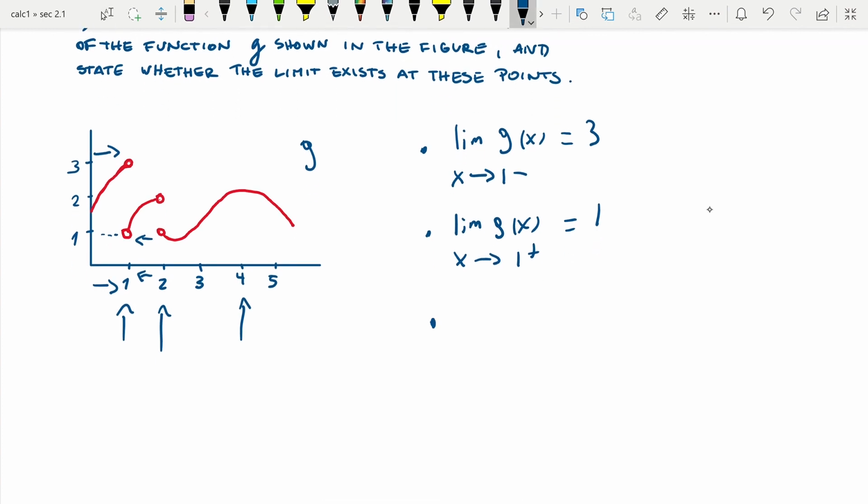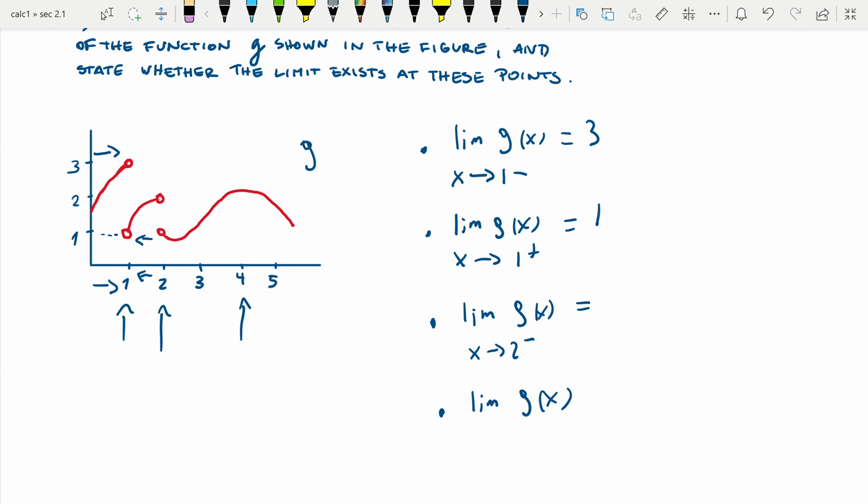Now, when we look at the point 2, we would do the same thing. The limit from the left of g of x is 1 again, and the limit of g of x from the left, sorry, here I made a mistake.